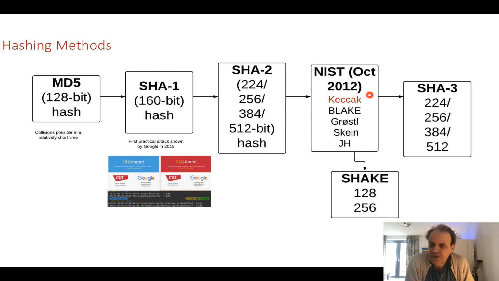It's a sponge method that this uses, and there's a whole lot more that we can use it for. For that we can define a method called SHAKE, which is based on this Keccak method, and we can produce 128-bit and 256-bit versions, but giving us any length of output.